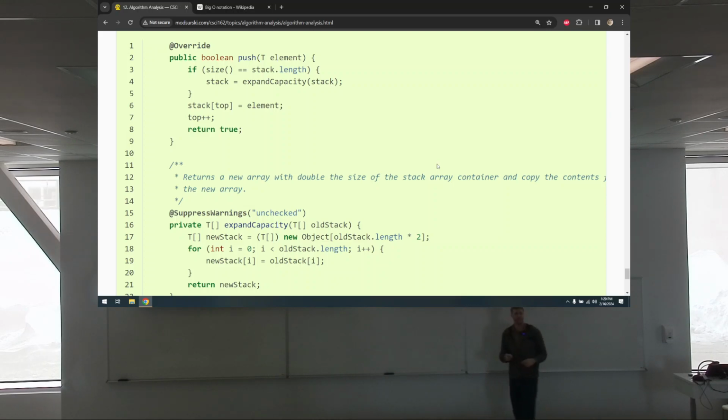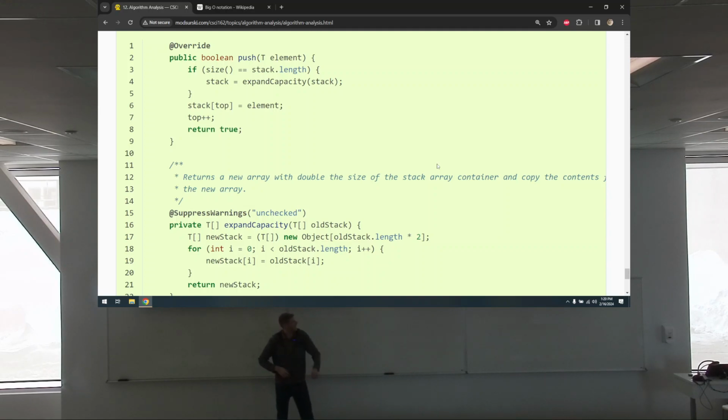And computer scientists would still say your push on your array structure is still constant time. And you're going to say, yeah, but every once in a while you have to expand capacity, and that's n things you have to do. So exactly, divide by n, so it's one.